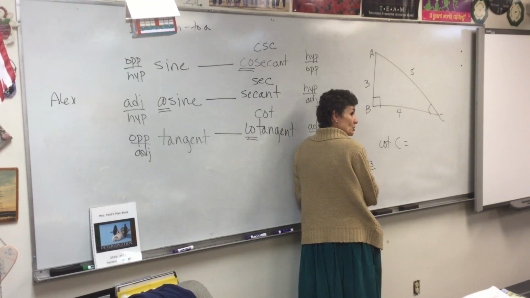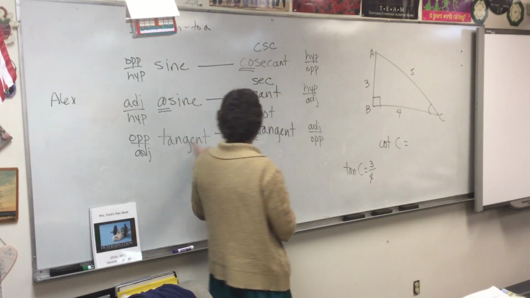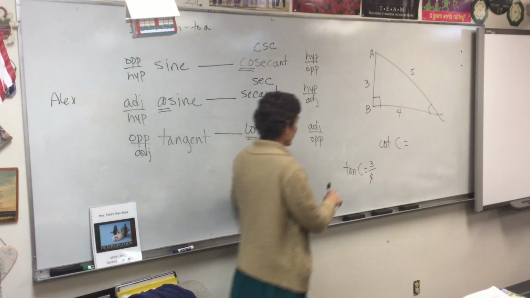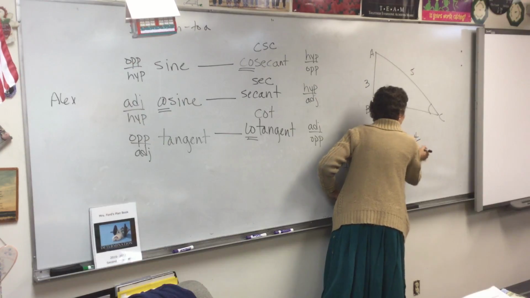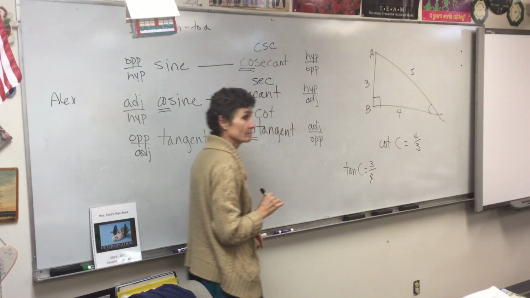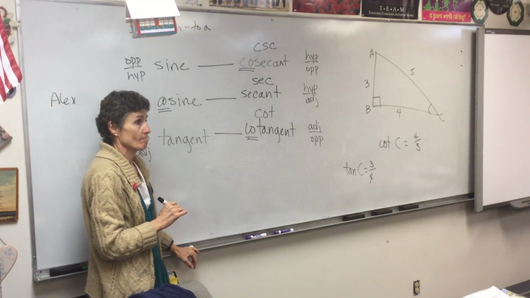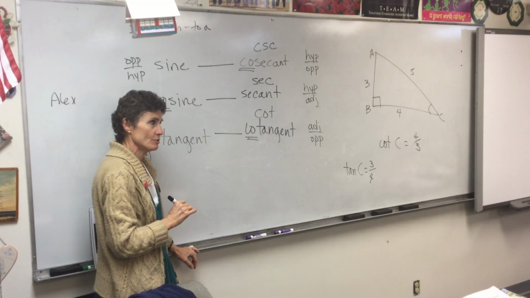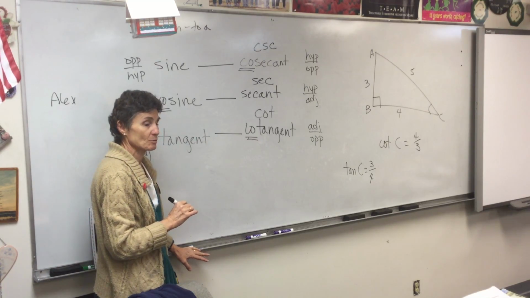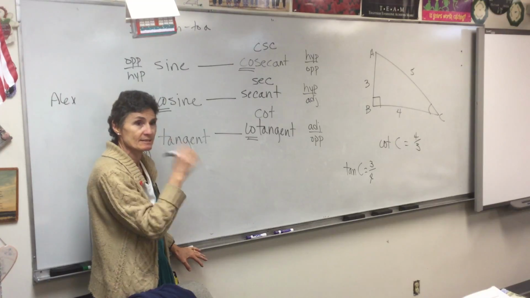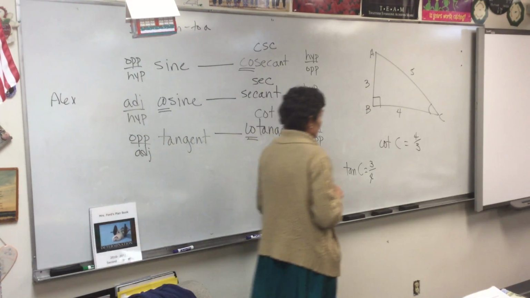If the tangent is 3/4, its reciprocal will be 4/3. Does that make sense to you? I know it's a lot. That's why I wanted you to do this over break. Get this memorized over break.